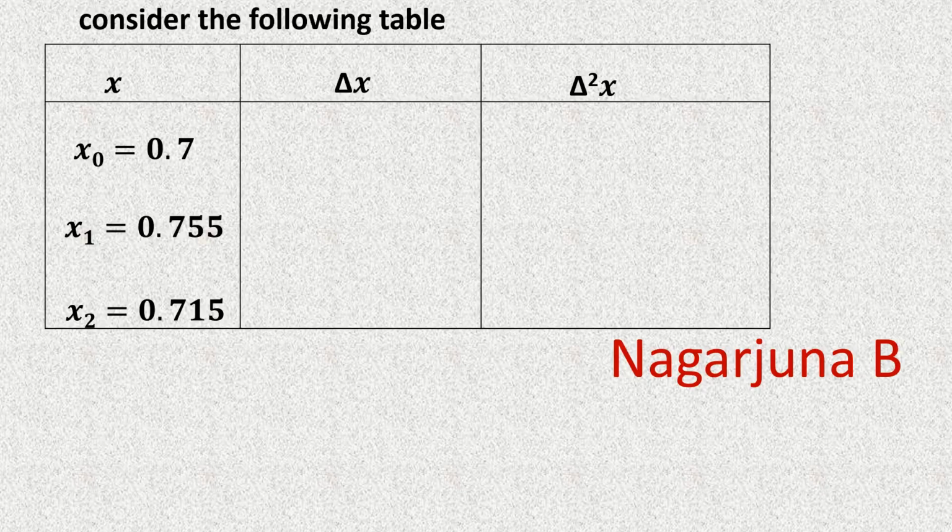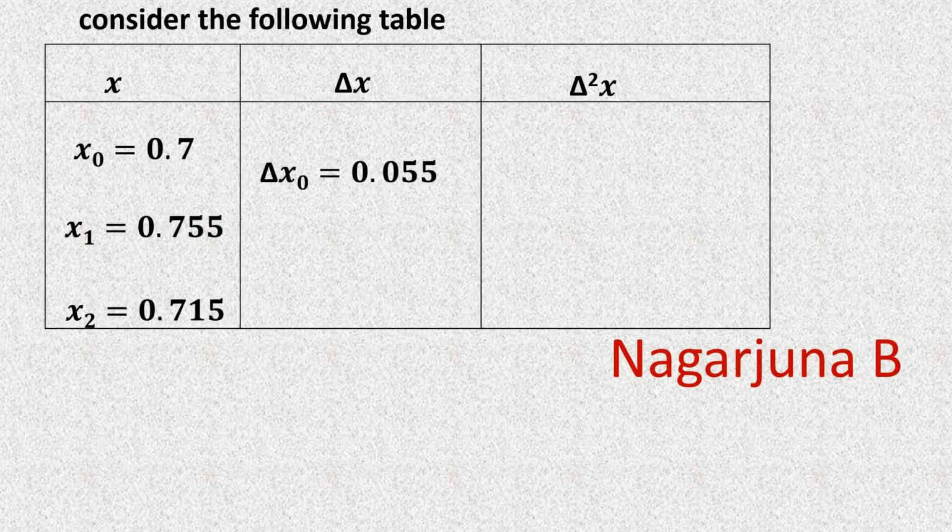The next is the delta x column. So first we need to find delta x0. So delta x0 is equal to x1 minus x0. While writing in the second column, write it in between x0 and x1, in this way. Delta x0 equal to 0.055. How do we get x1 minus x0? 0.755 minus 0.7, this will be equal to 0.055.